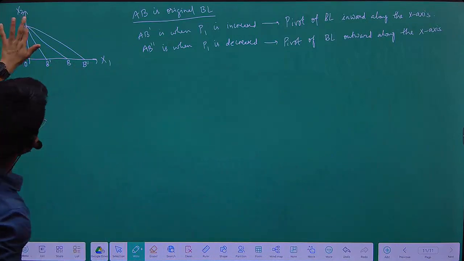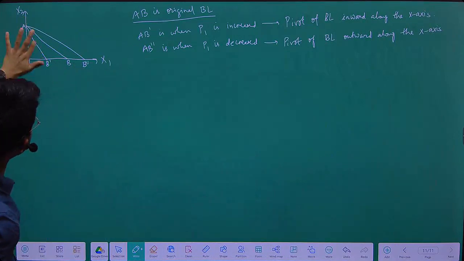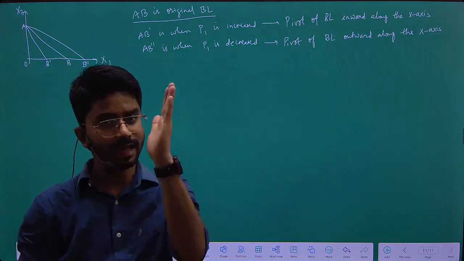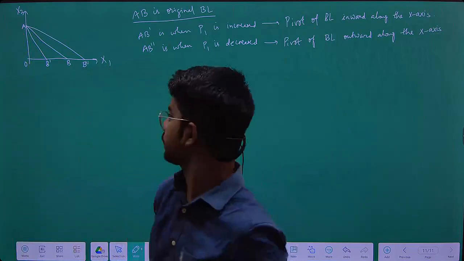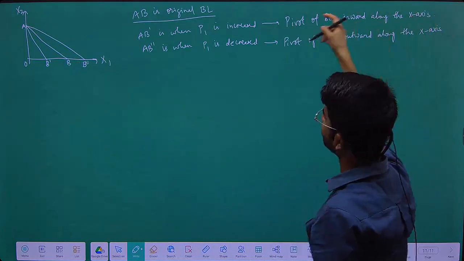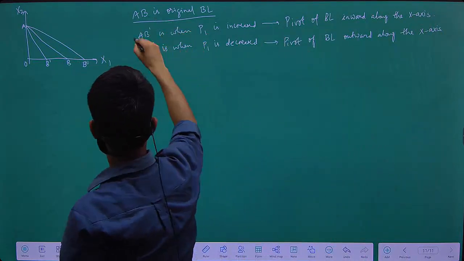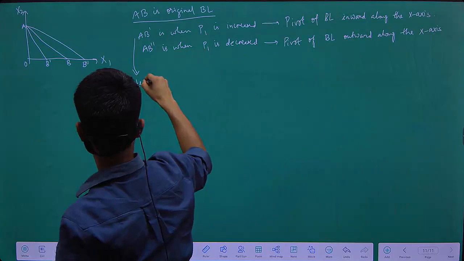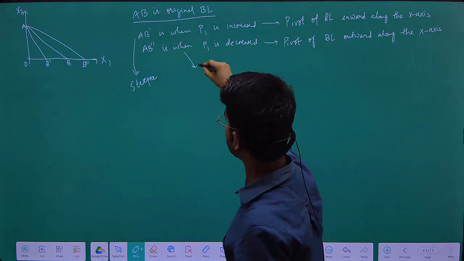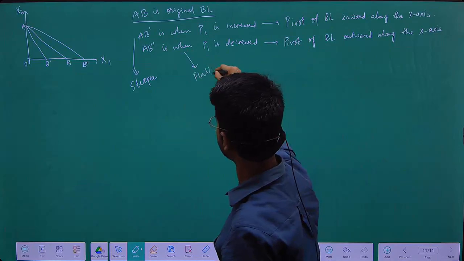Okay, now let's discuss the slope. If you look at this budget line AB dash, it is looking steeper than the original budget line. In the other case, you have a flatter budget line.